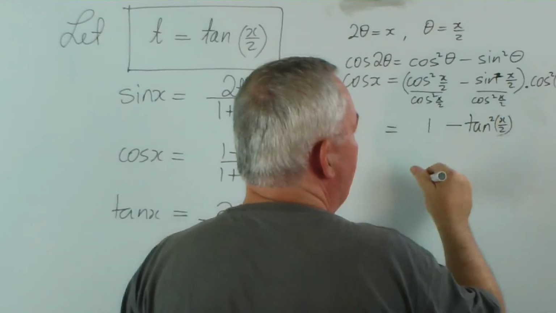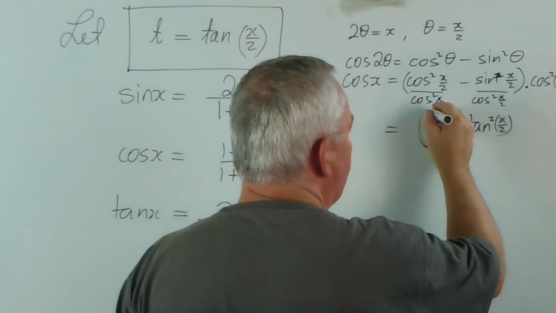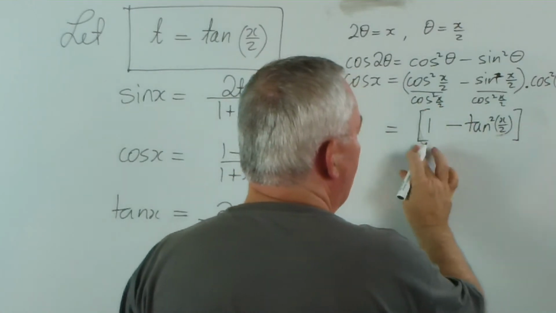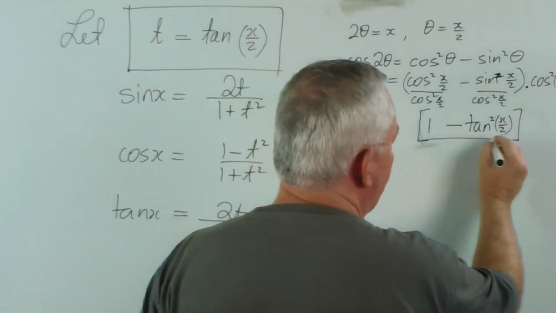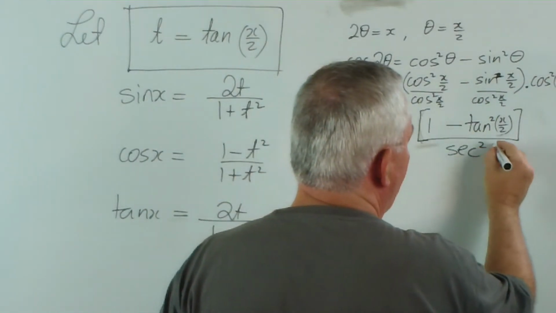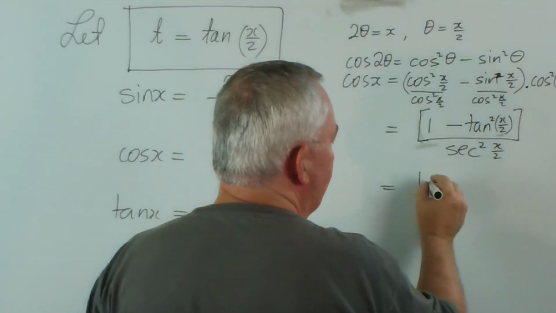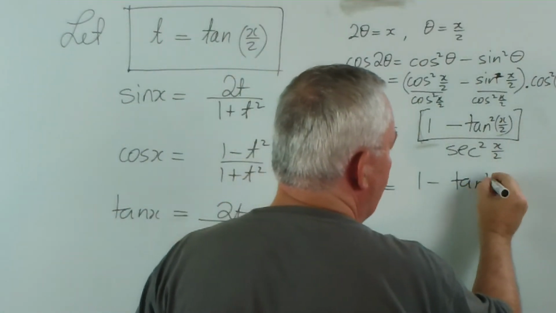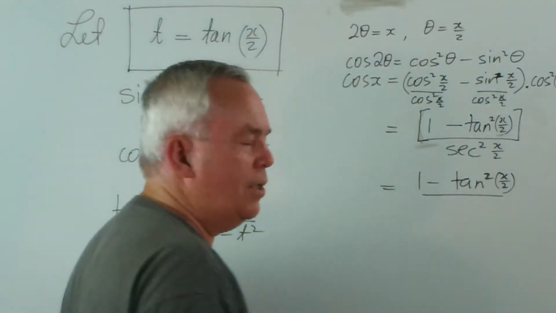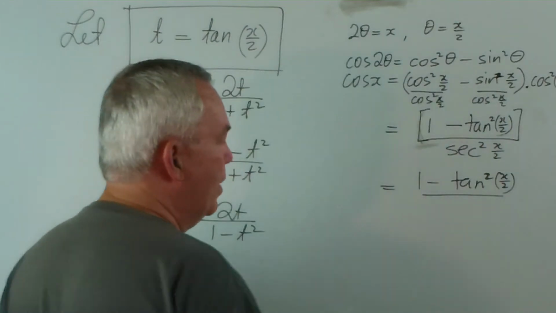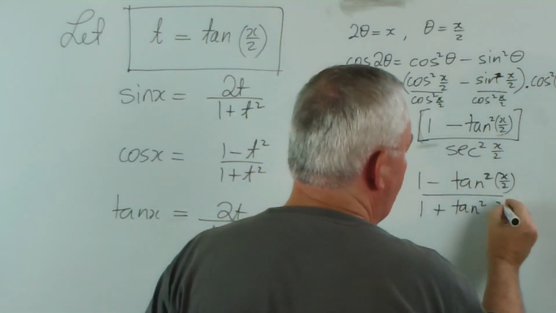And the cosine, I'll put this in brackets actually. And cosine I'm going to write as 1 over secant. And you can see that this is 1 minus tan squared x on 2 over, and secant squared again using that trig identity is the same as 1 plus tan squared x on 2.